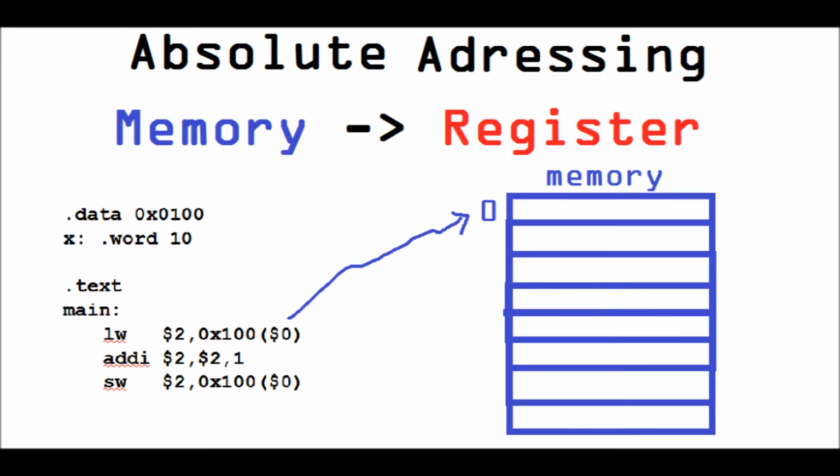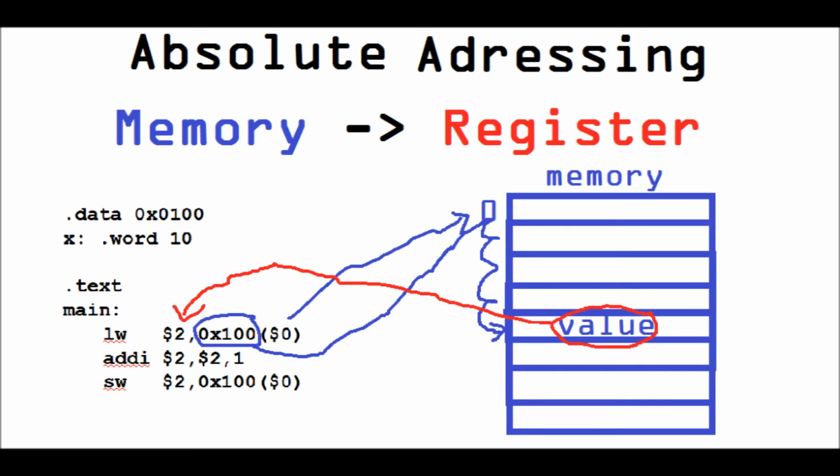So we use $0. We then shift by the amount that is the number in front of the parentheses. So we shift down and down from 0 to get to a certain memory address which has a certain value. And then for this specific command, load word, we will take that value and we will put it into the register 2.